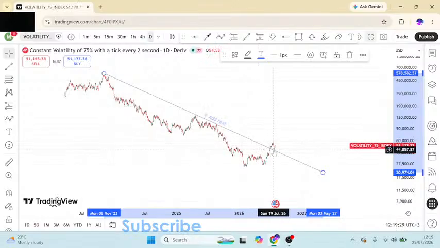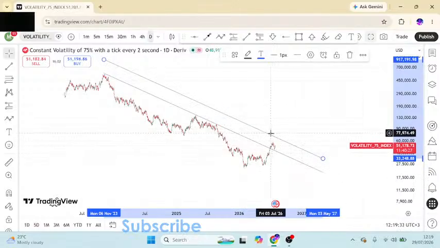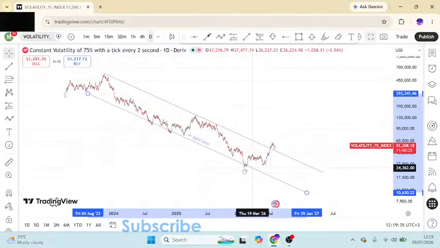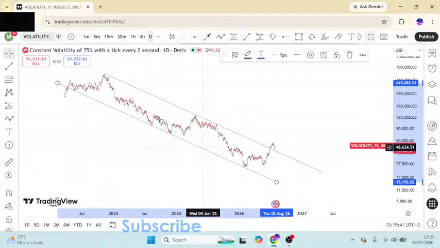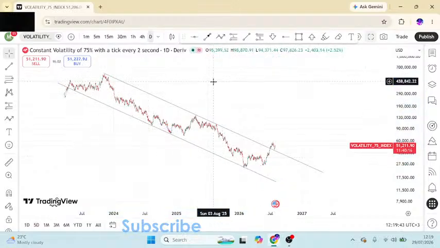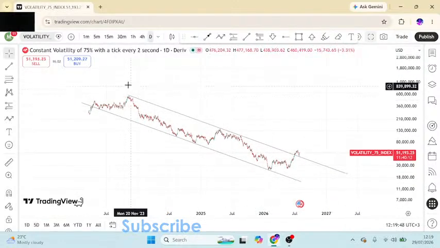You also need to master how to draw trend lines, guys. You need to master the art of drawing trend lines, I mean the correct trend lines. So this is all we are seeing here.